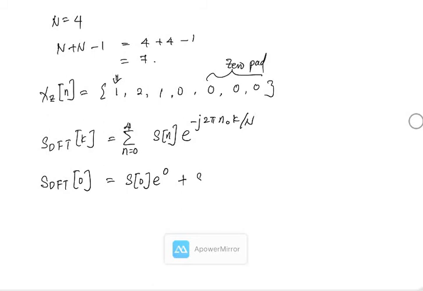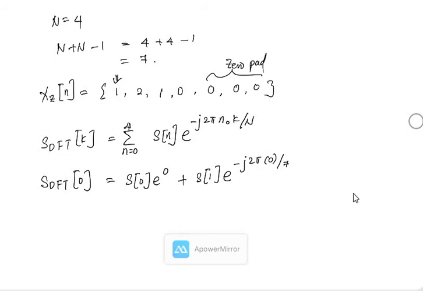And then plus, when n equals 1, it is e to the power of minus j 2 pi 0 over 7, because N is 7.